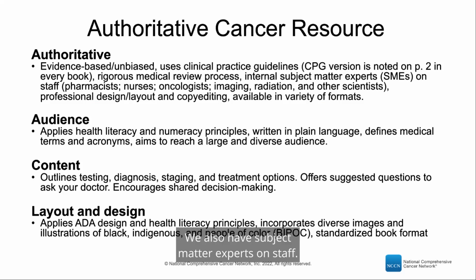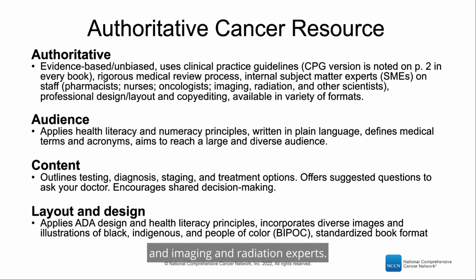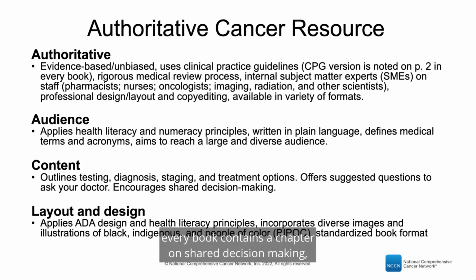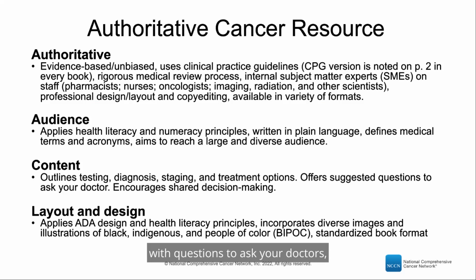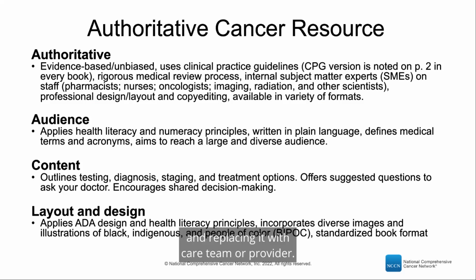We also have subject matter experts on staff. These include scientists, nurses, oncologists, pharmacists, and imaging and radiation experts. And of note, every book contains a chapter on shared decision-making with questions to ask your doctors, now just questions to ask. We are in the process of removing doctor and replacing it with care team or provider.